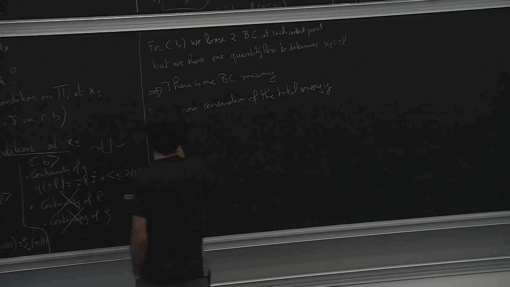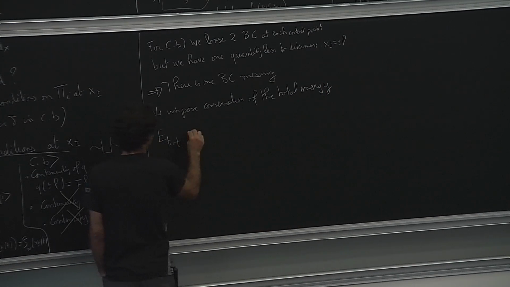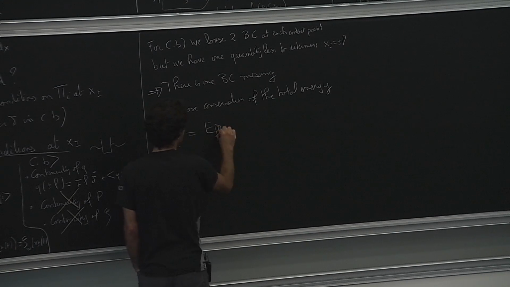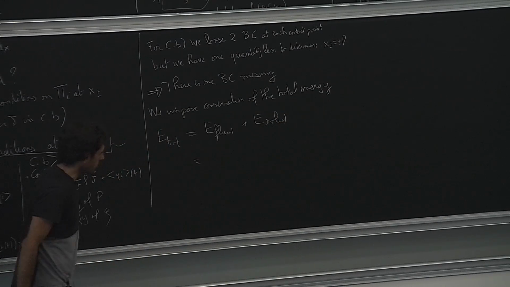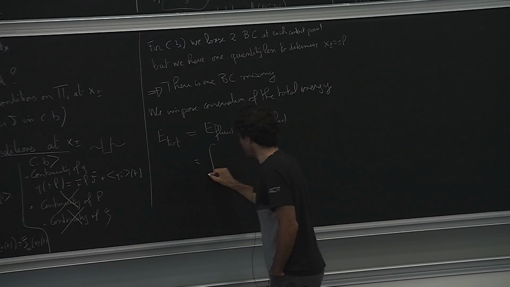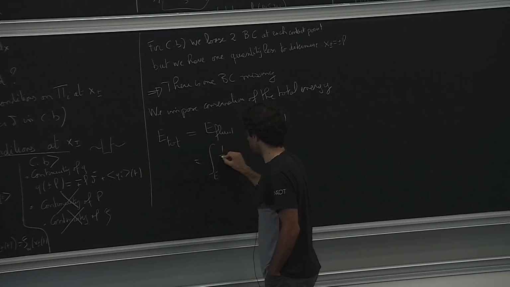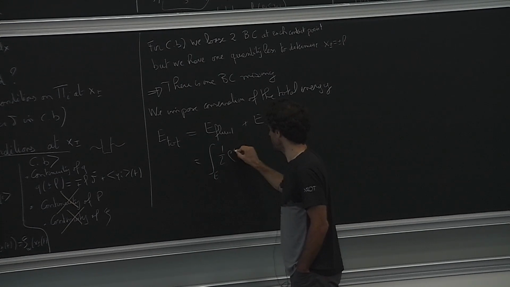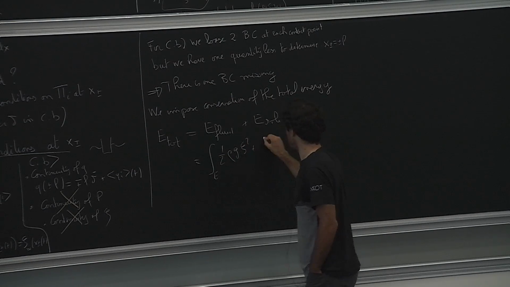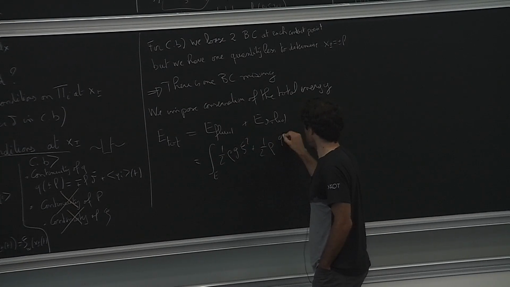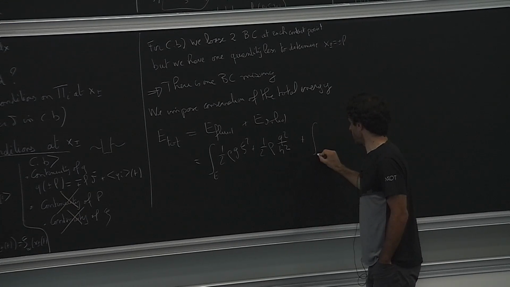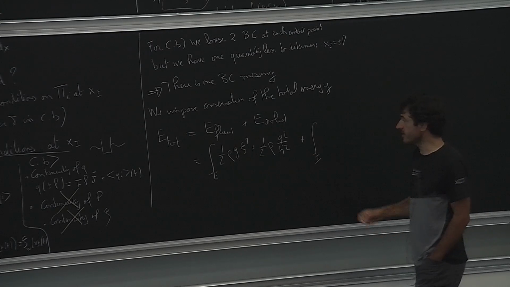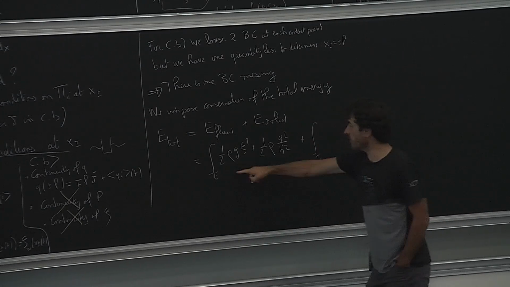So if I write the total energy, this is the energy of the fluid plus the energy of the solid. So the energy of the fluid is the integral in the exterior domain of 1/2 rho g zeta square plus 1/2 rho q square over h square, plus the integral in the interior region of the fluid also. So this is the energy of the fluid in the exterior region.